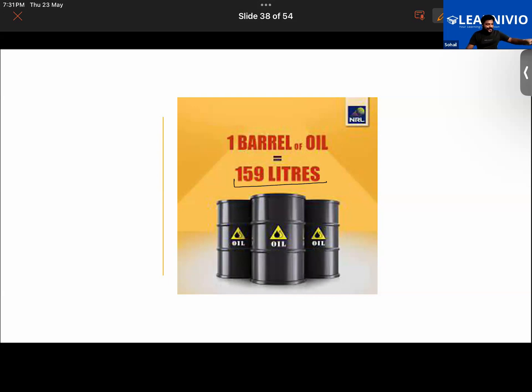So how much? 100 million barrels per what time period? Day, month, year? Are they drilling out 100 million barrels of oil in a month or a year?